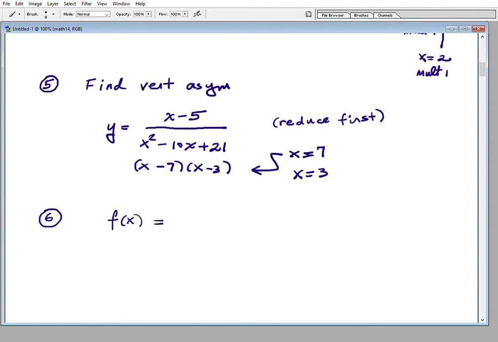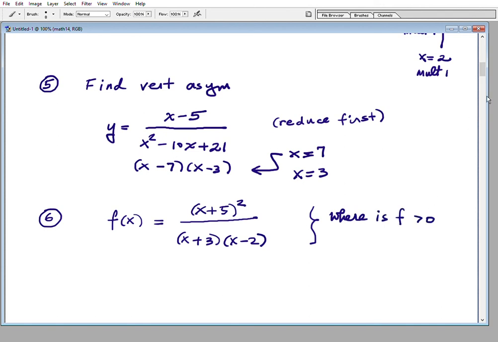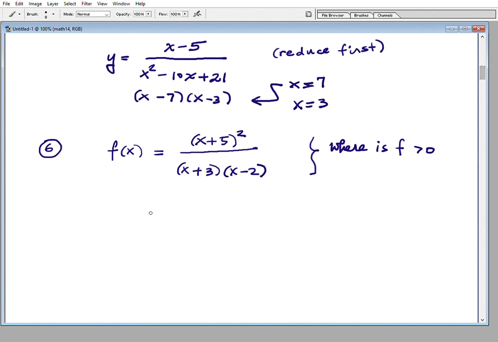Let's say we have something like this, and we want to know, where is this positive? So we're going to do a plus minus analysis.